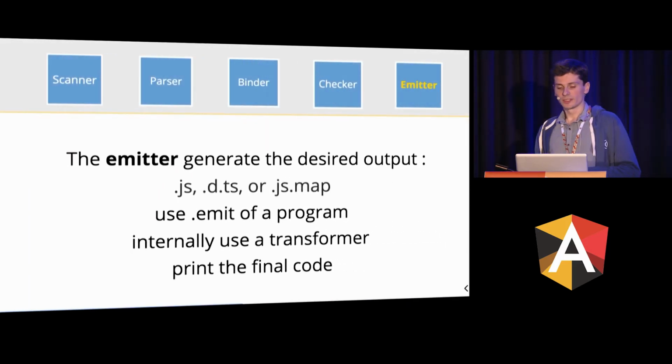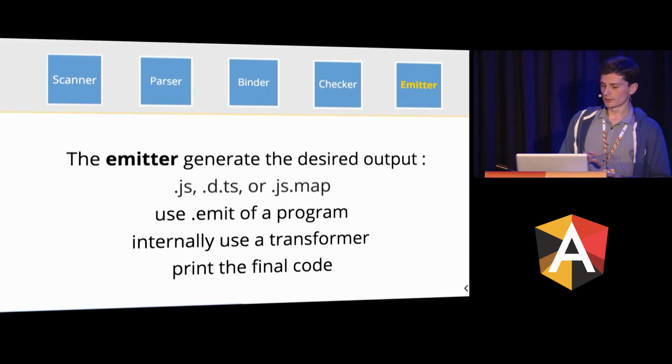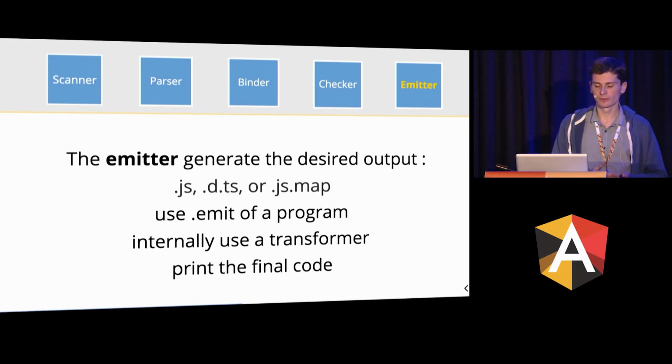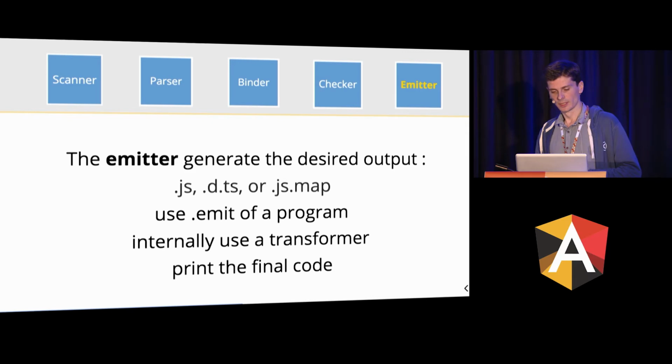The last part is, logically, the emitter, which will try to generate your code in the desired output. It can generate JavaScript, declaration files, or source maps. It will use an emit API of the program we have seen before. Internally, it uses a transformer and knows how to print each node in the correct syntax in the final file.